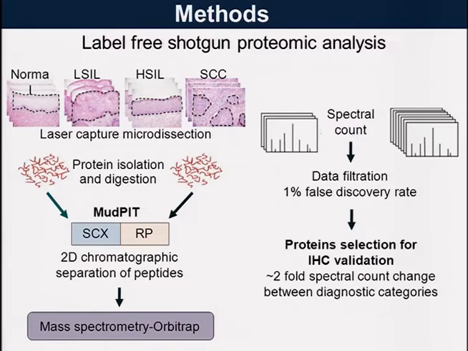From the spectral count, which is the relative quantification, we filtered this data according to a 1% false discovery rate. And the proteins that we selected to validate with the immunohistochemical analysis were those that had at least a twofold difference between stages.